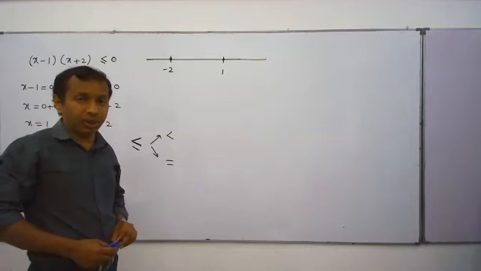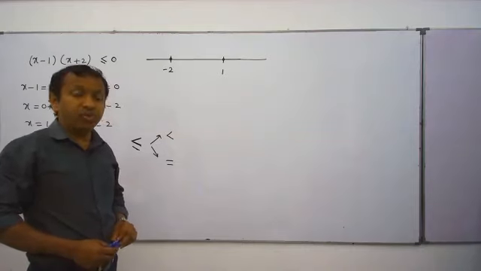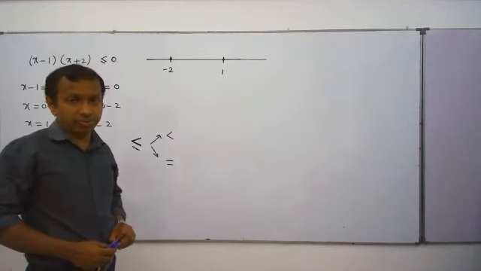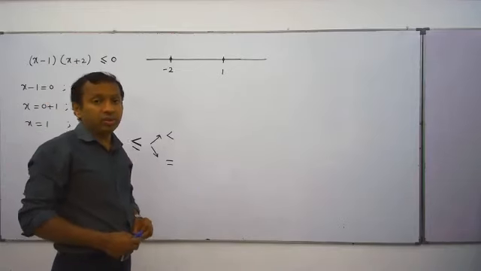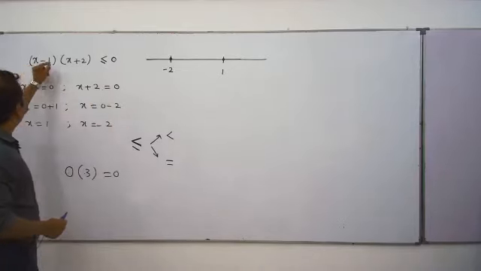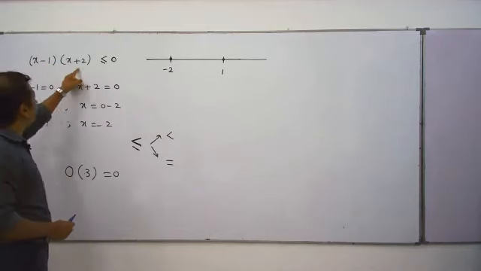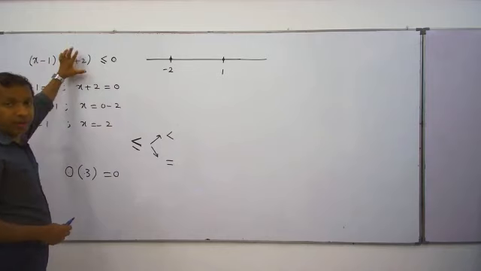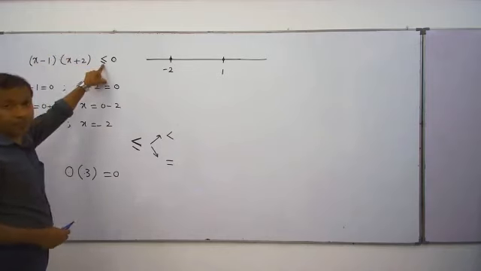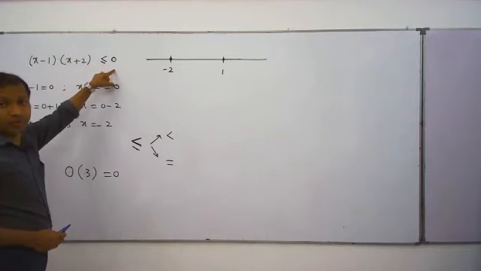Consider any region you like, then from that region take any number you like. That number we substitute for this x and we simplify the left hand side, and we check whether the answer we got suits the less than or equal to 0 sign.